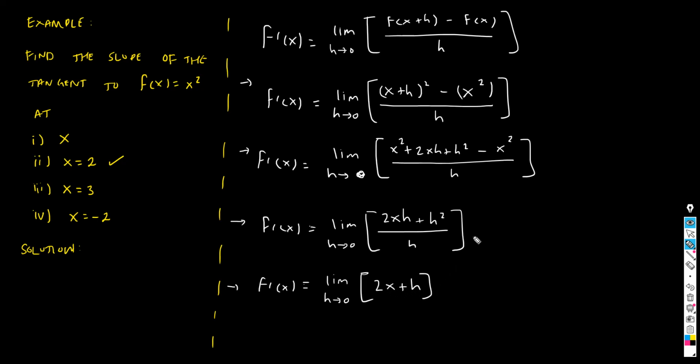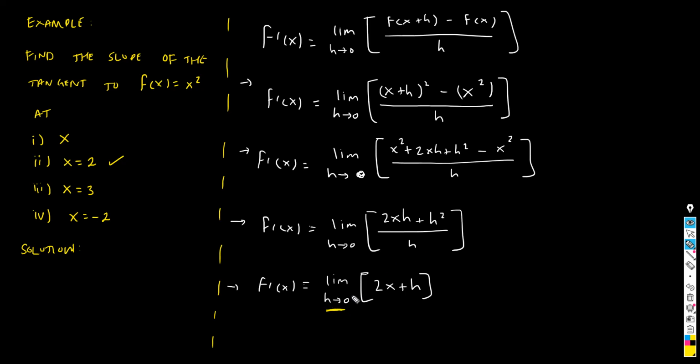You see? The reason why you can divide both numerator and denominator by h is because h is never 0. h only approaches 0. That's why the concept of limits is so important. h never touches 0. It only approaches it.